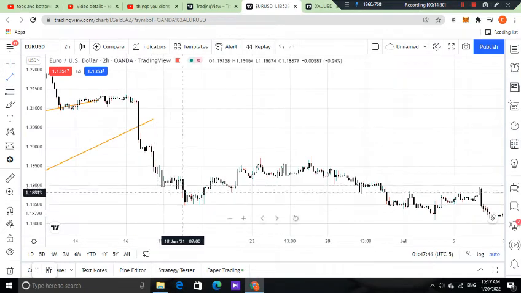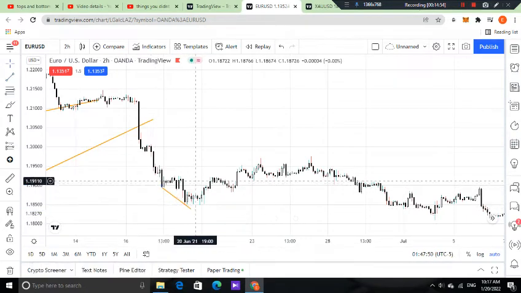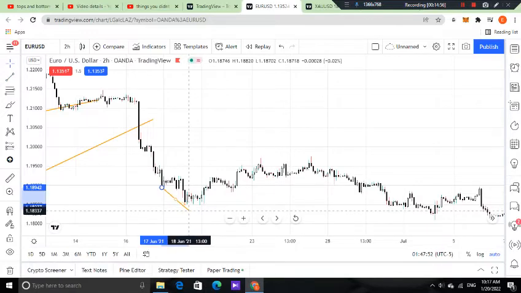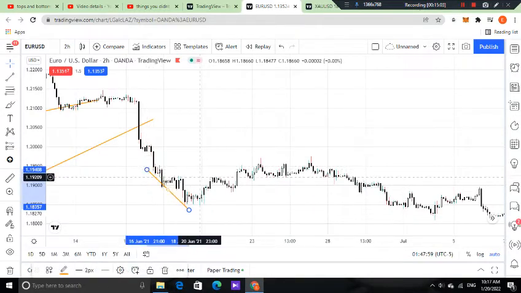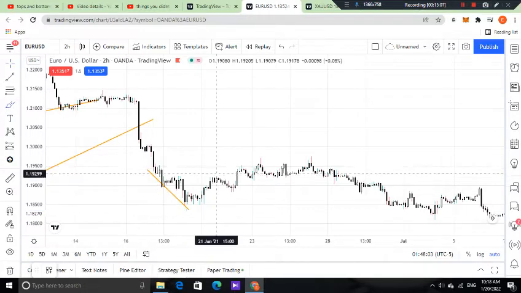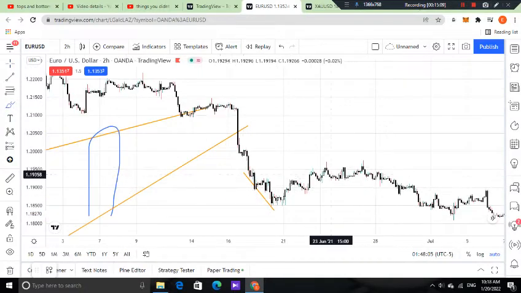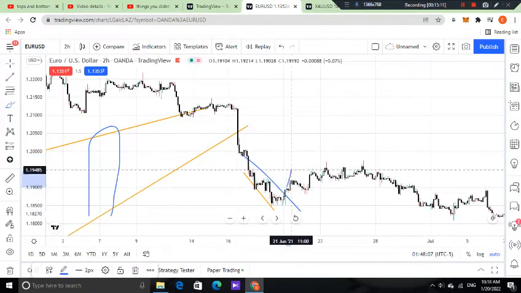But yeah, if you look at it, it's kind of a wedge, and you can expect to see a reversal above this line.